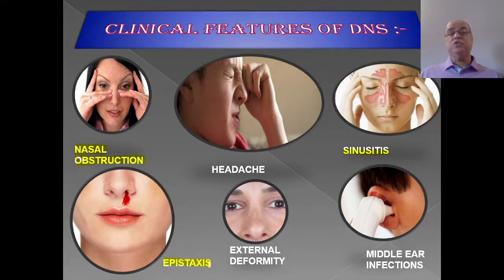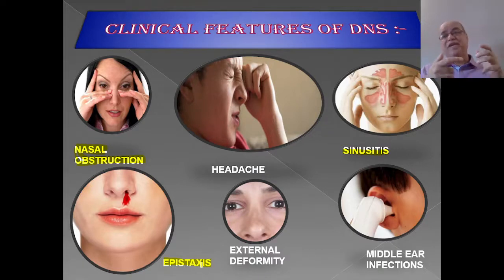It can be due to the excessive dryness and crusting, because if septum is deflected, for example, on one side, more air will be going over that area, there will be dryness, there will be crusting, and when these crusts are removed, there can be bleeding.